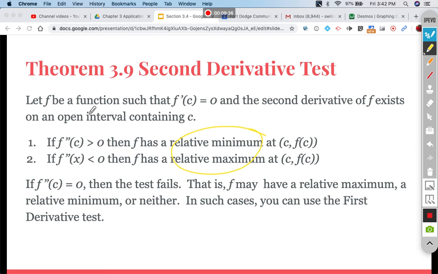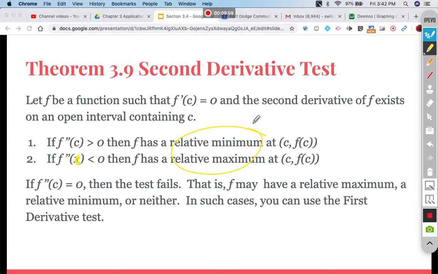So what this is saying is, if we find where the first derivative is 0, that's where our critical points are. That's where we could have our extrema. We plug in the c value into the second derivative.